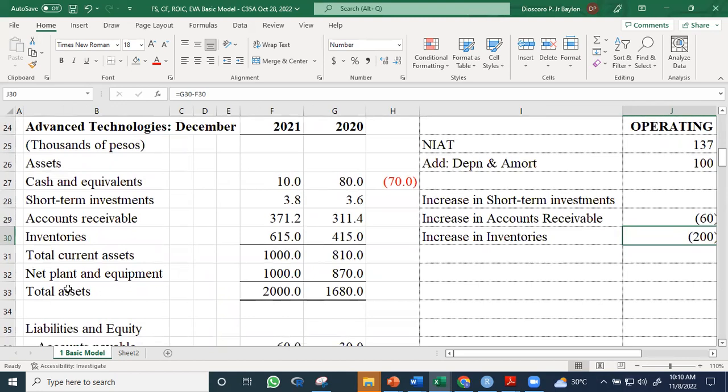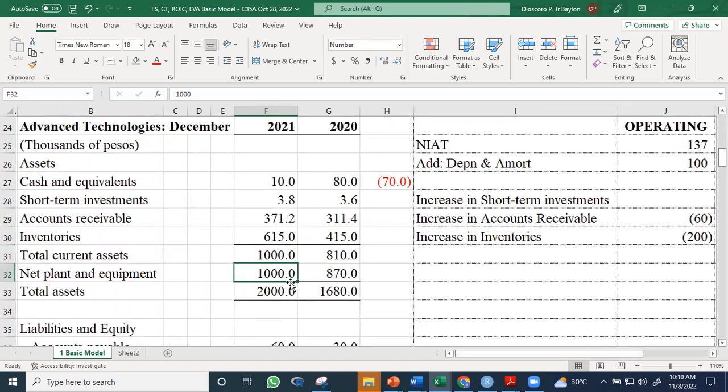Let's continue. How about this net plant and equipment? Where will this fall under? There was an increase from 870 to 1,000. By the way, total current assets we will not include here because it already includes all the other items.